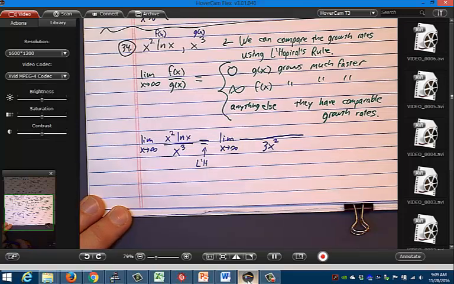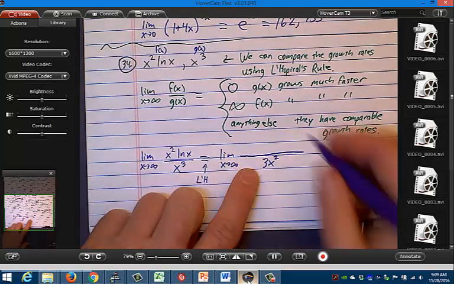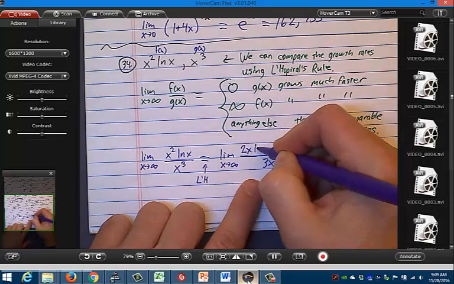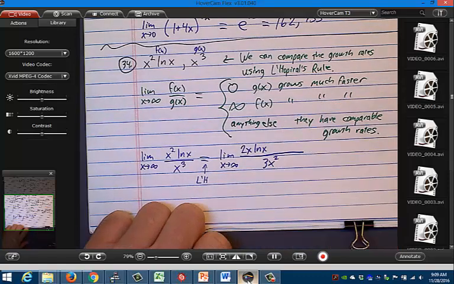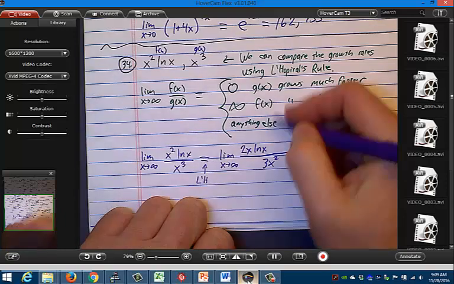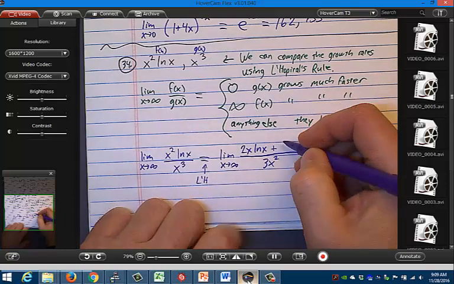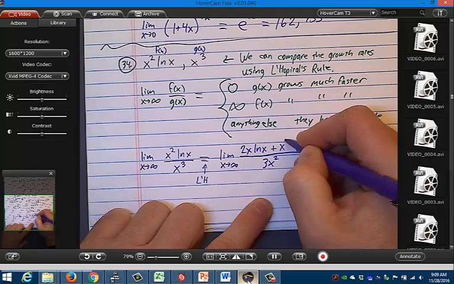Product rule, yep. I'll do it. So u prime v would be 2x ln of x, plus uv prime would be x squared times 1 over x.